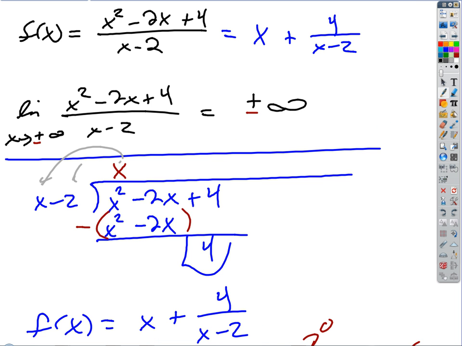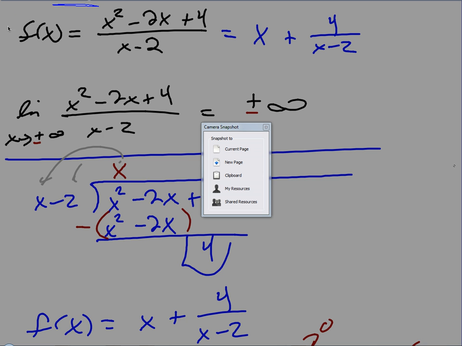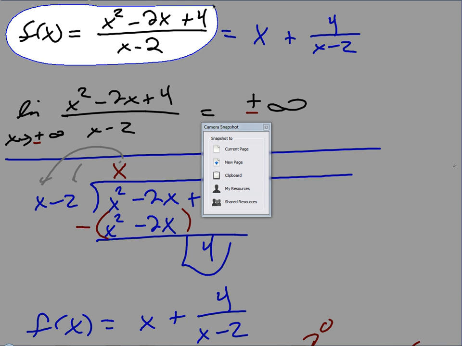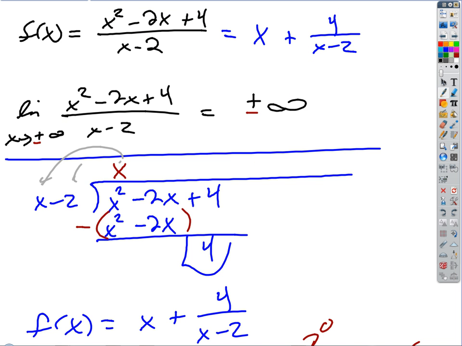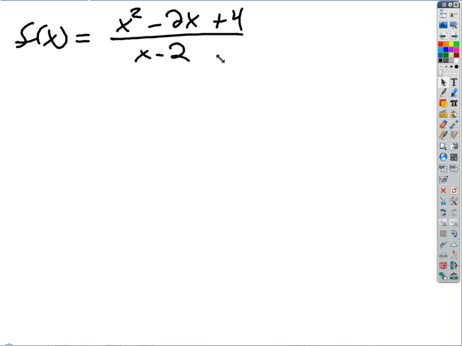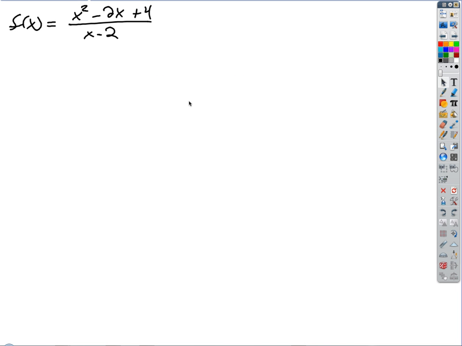Can't remember what the function is, but x not equal to 2.